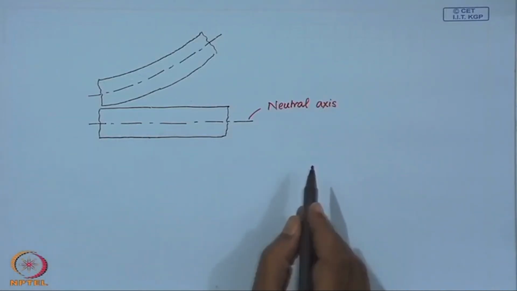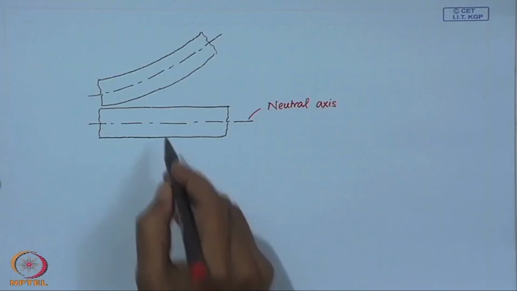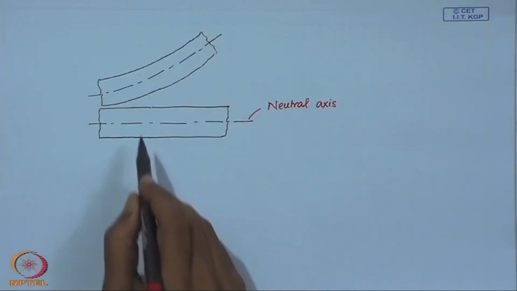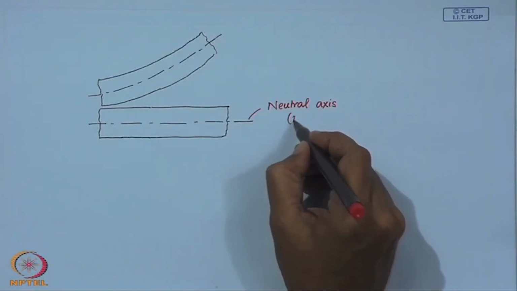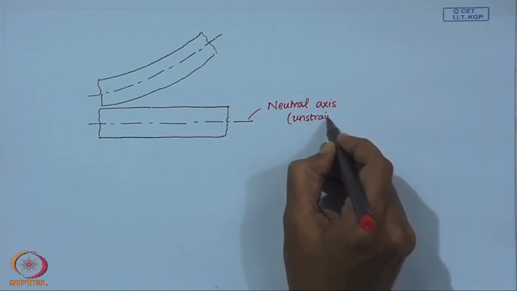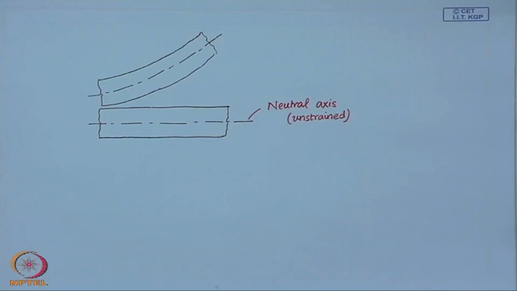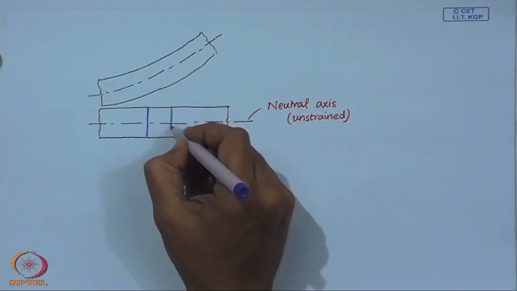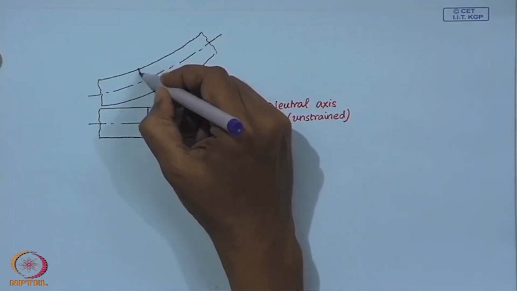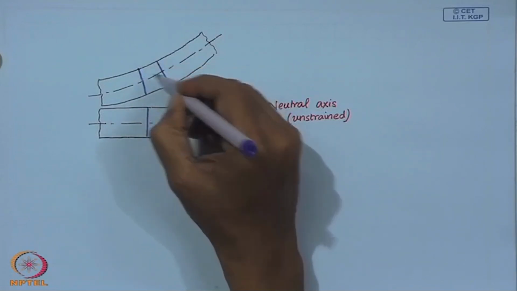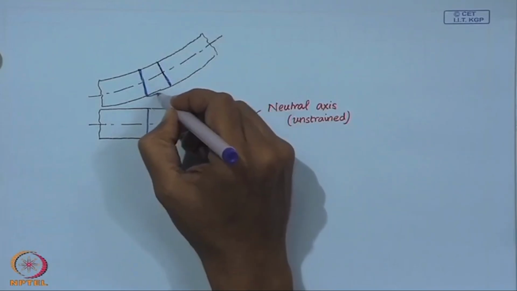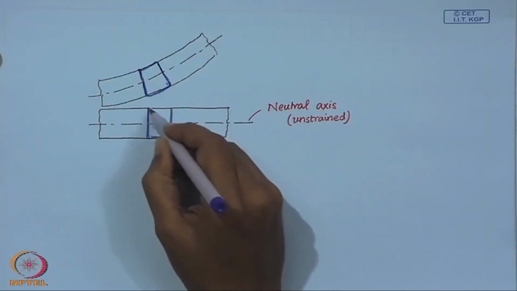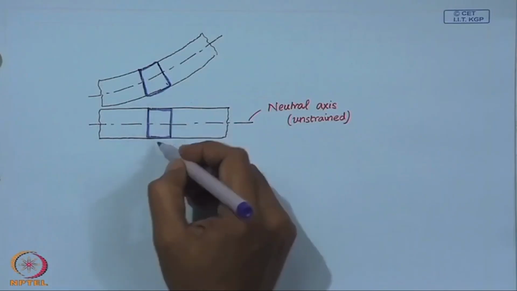Now, this is neutral, which means it remains unstrained, in the undeformed configuration and in the deformed configuration. Once again let us consider this element, which undergoes deformation.